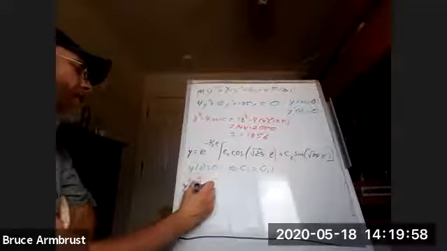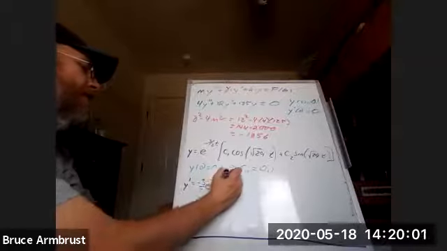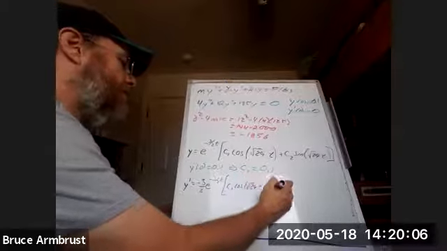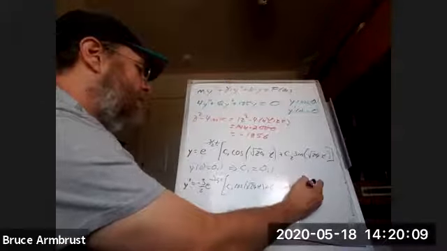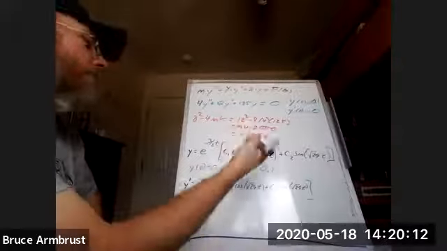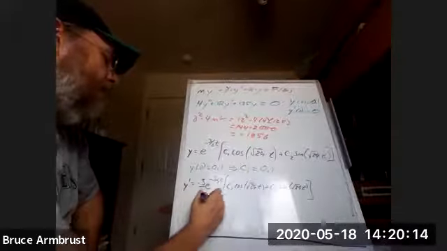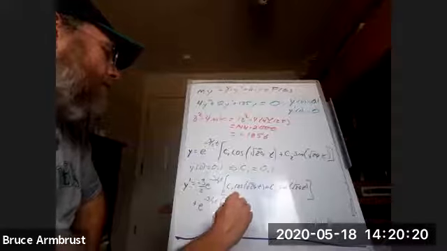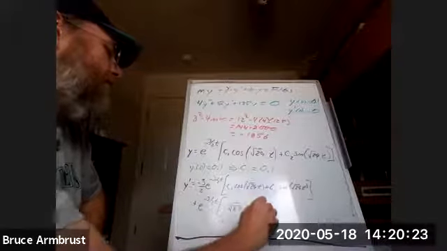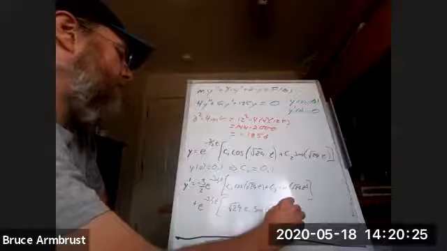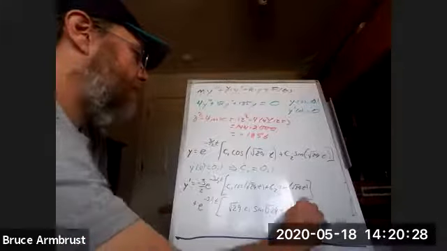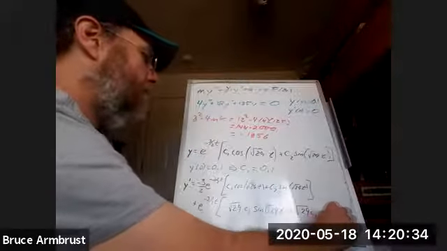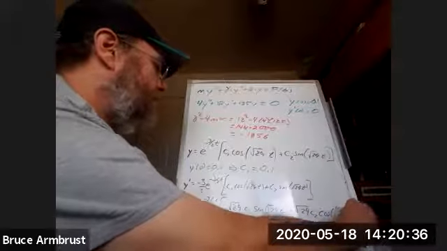It's going to be minus 3/2 e to the minus 3/2 t times C1 cosine root 29t plus C2 sine of root 29t, plus e to the minus 3/2 t times minus root 29 C1 sine of root 29t plus root 29 C2 times cosine of root 29t.